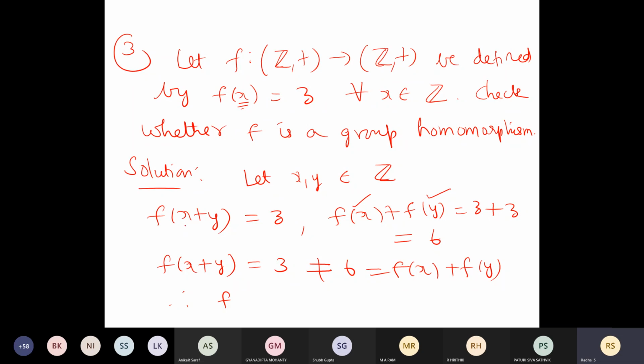So here, if x is an integer, y is an integer, x plus y is also an integer. So where does x plus y map onto? It should be mapped onto 3 only. Is this point clear? Yes, ma'am. So hence it is not a group homomorphism.